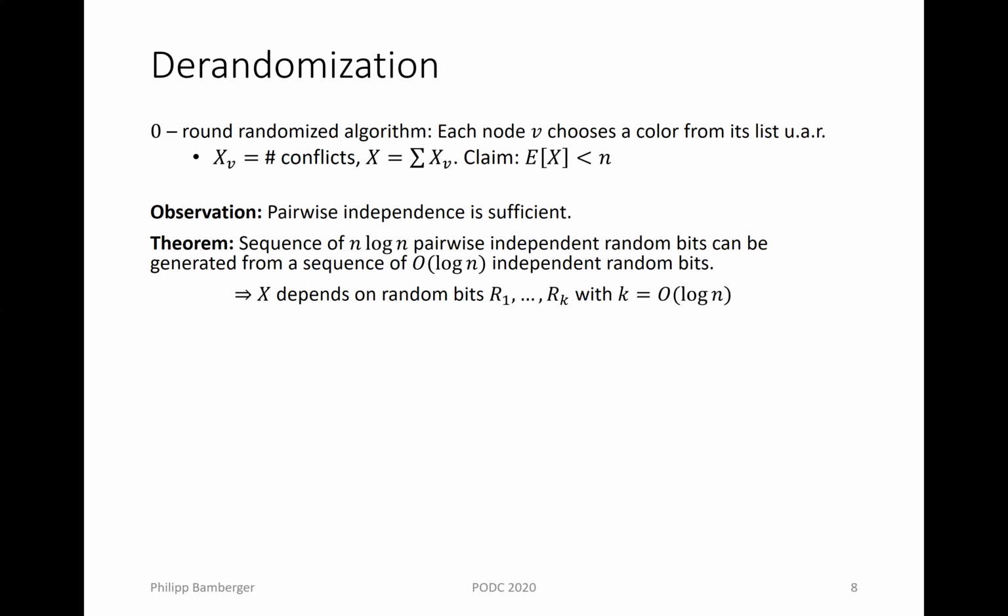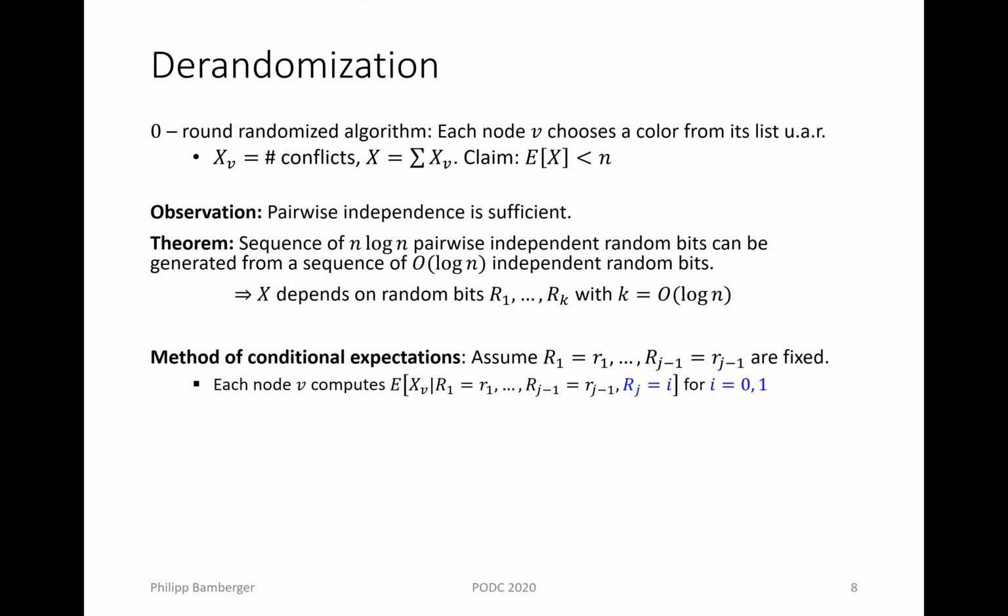We introduce a random variable r for each random bit and use the method of conditional expectation to successively fix these bits. This involves the following steps. Assume that the bits up to bit j-1 are already fixed. To fix bit j, each node v computes the expectation of x_v conditioned on the already fixed choices and conditioned on setting bit j to 0 or 1.